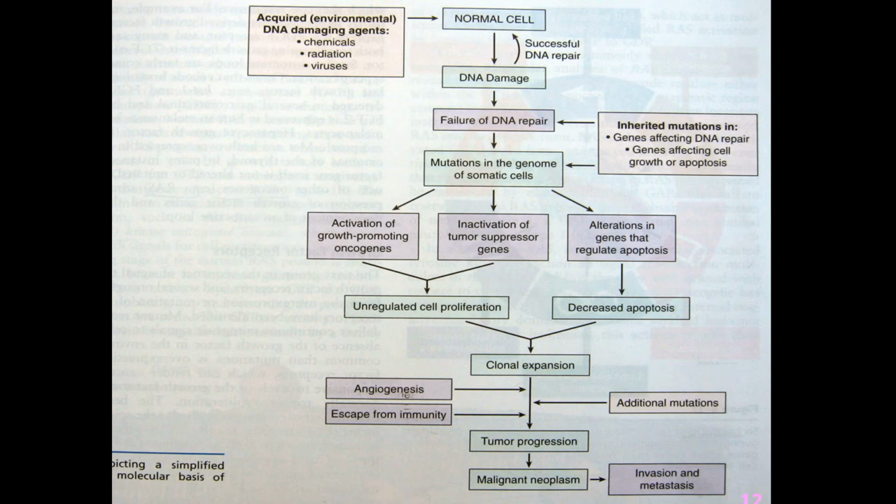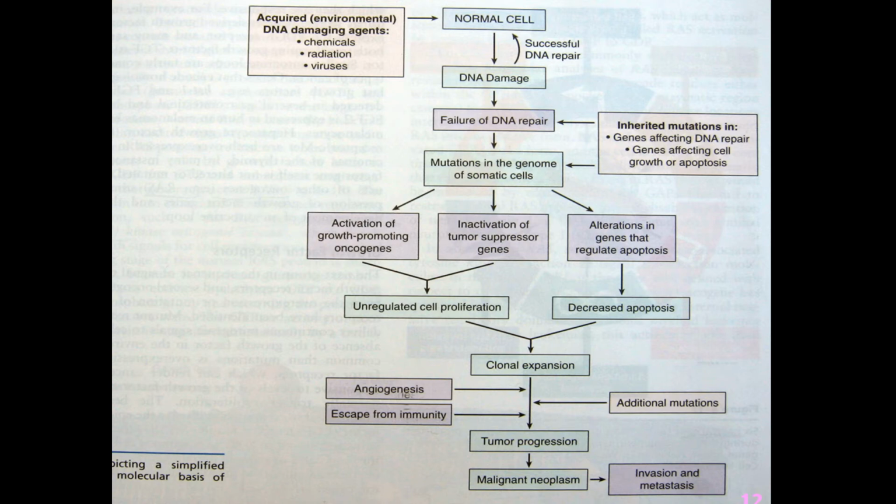But if the person has a mutated DNA repair system or mutated genes of apoptosis, the repair of the DNA fails and a mutation occurs in the genome of the somatic cell. And the normal cell transforms into the mutated cell. And you see here the main mutations occur in these genes.